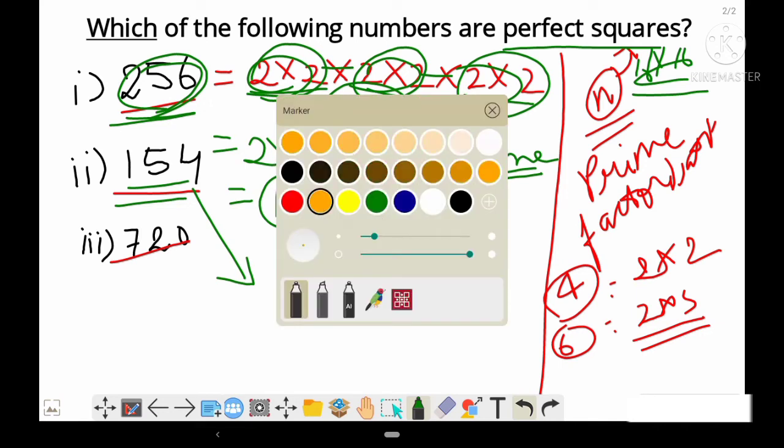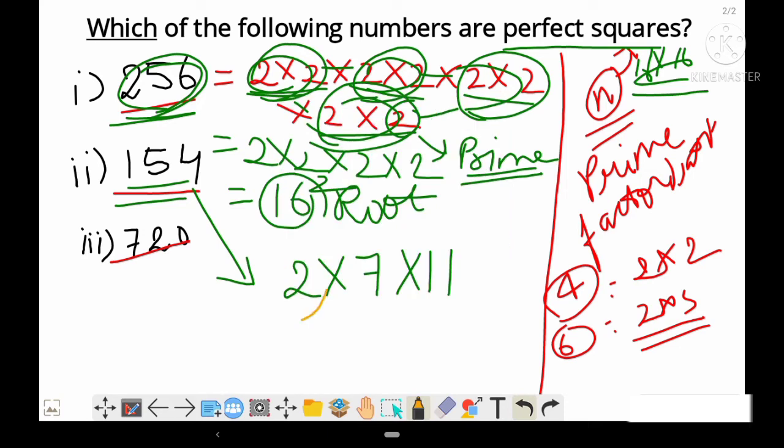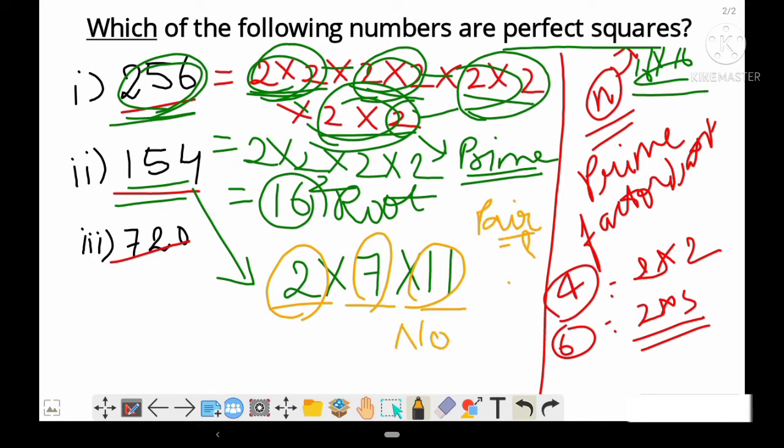So students, now you need to observe that 2 is a prime number, of course, 7 and 11 are also prime numbers. But can you see any of them in pairs? No, right? No one is in a pair. So when the prime numbers are not in pairs in the prime factorization, then the number will not be considered a perfect square.